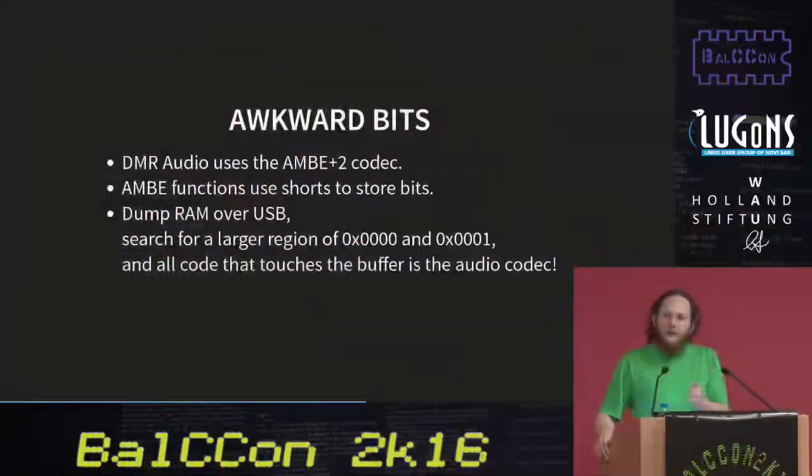So any code that's actually referencing an array of shorts is probably related to the AMBE codec because there's no other reason to use an array of shorts. You can also look through memory, find every array in which all of the 2-byte fields are zeros or 0001, and anything that touches that data is the audio codec.